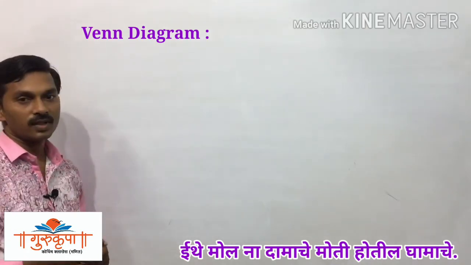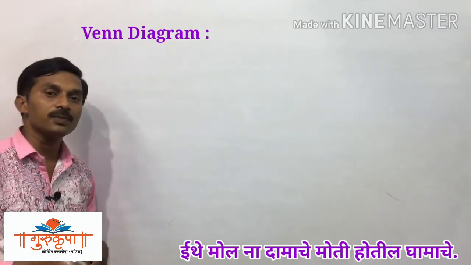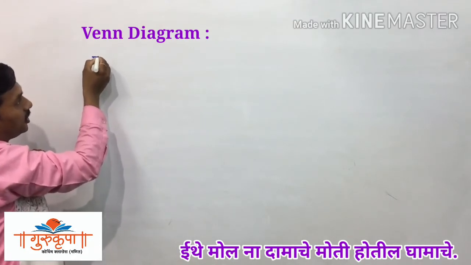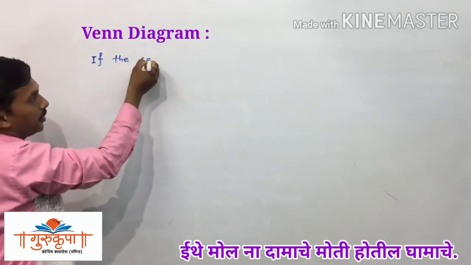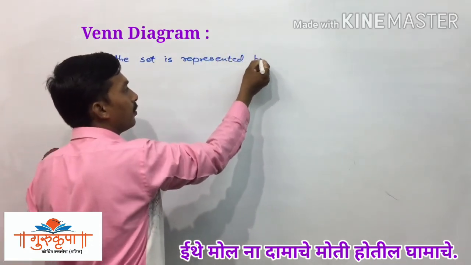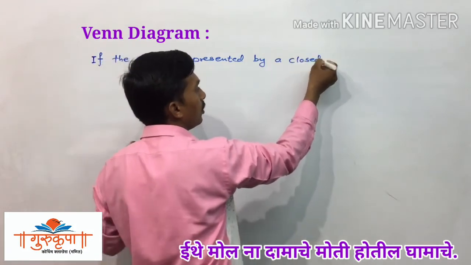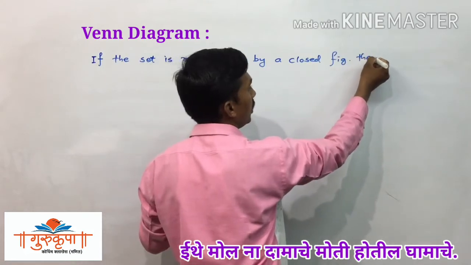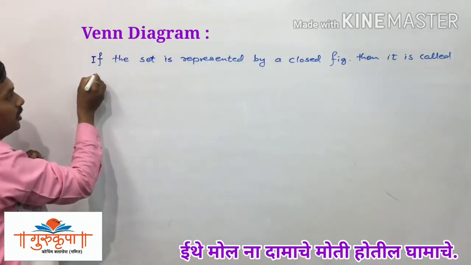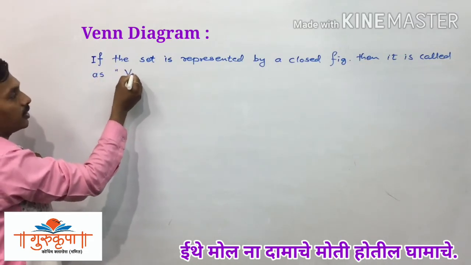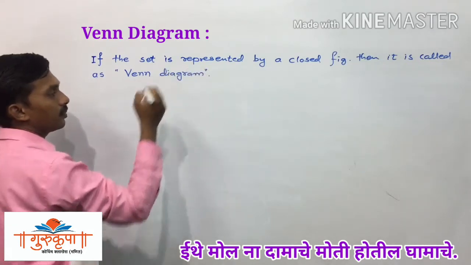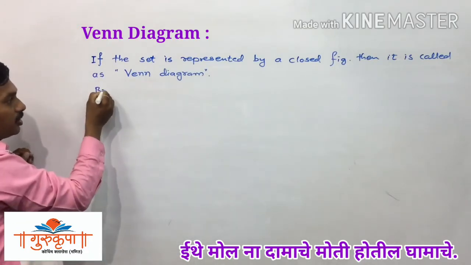Since this method is called Venn diagram, here you can write the description: if the set is represented by a closed figure, then it is called a Venn diagram.